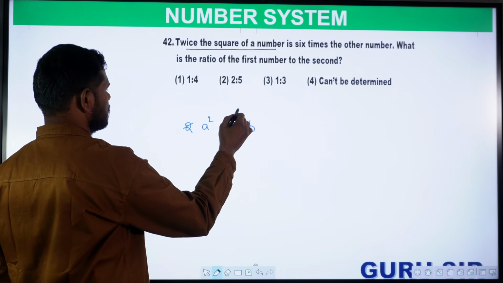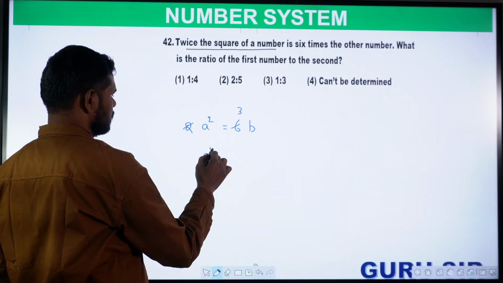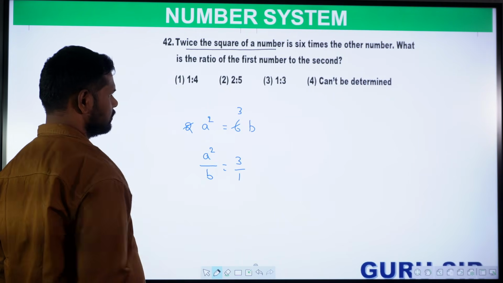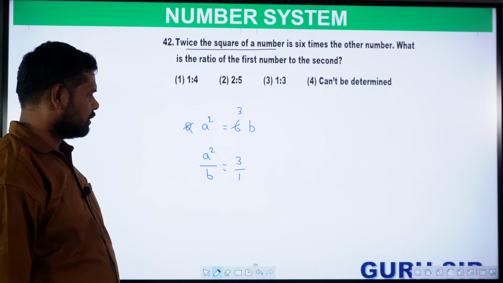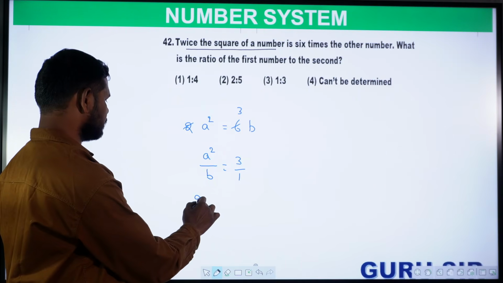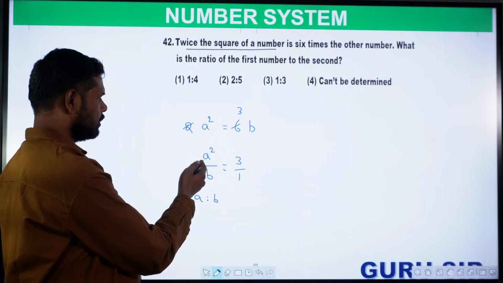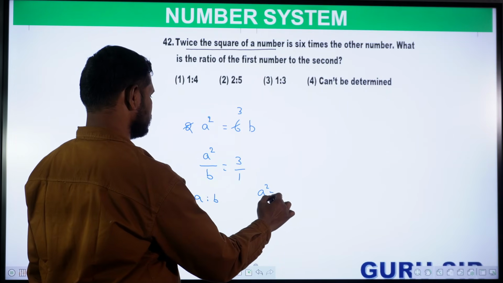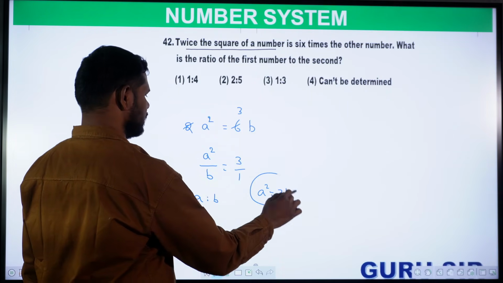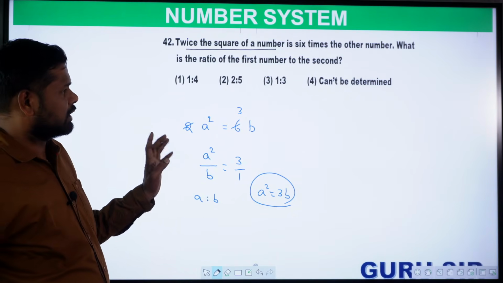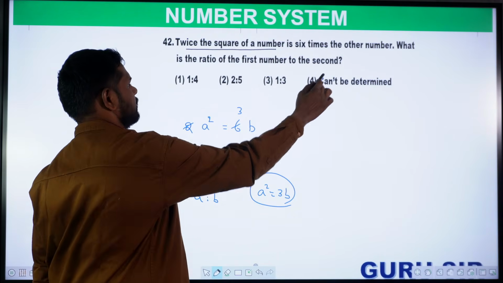Simple, 2 ones, 2 threes. So A square by B equal to 3 by 1. But they are asking about A is to B. Is it possible? No. So A square equals 3B means it is not possible to find the relation between A and B. That's why it can't be determined.